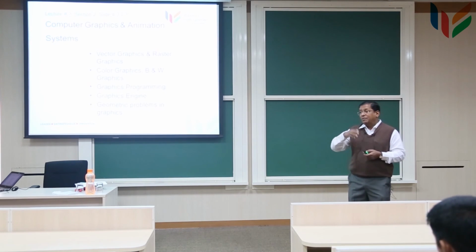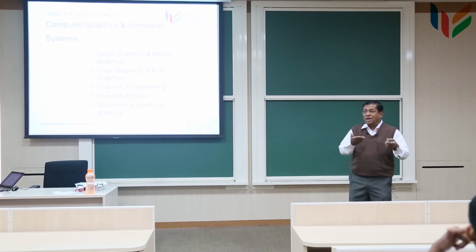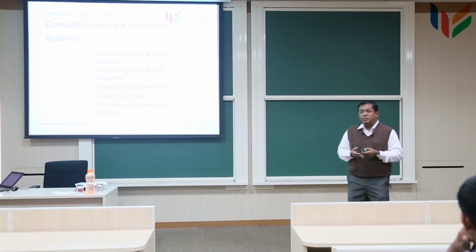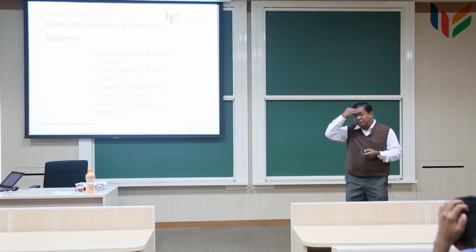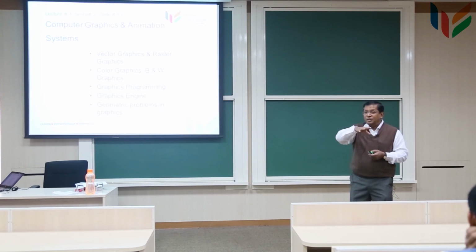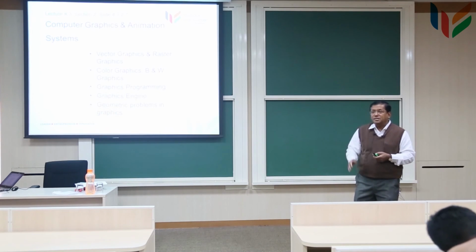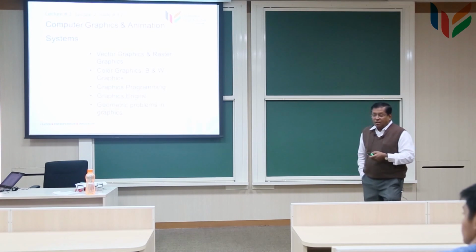When you see Jurassic Park or Avatar, 50% of that film is computer graphics. Even the recent film Life of Pi had a huge amount of work through computer graphics effects. So a very important branch of computer science is related to animation and computer graphics.